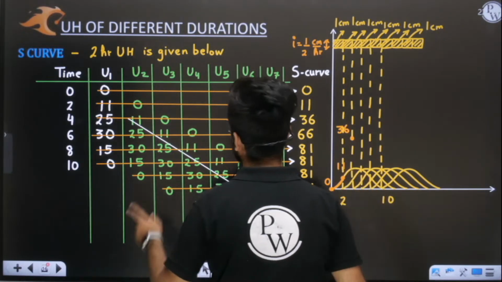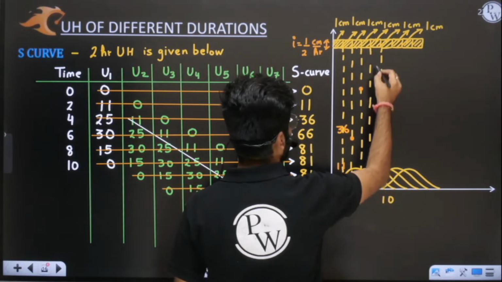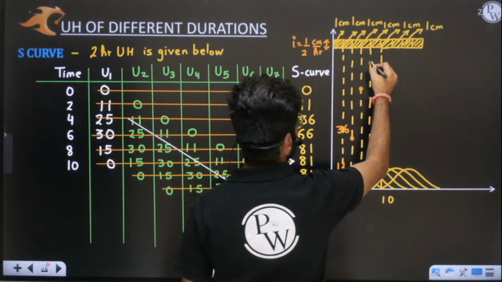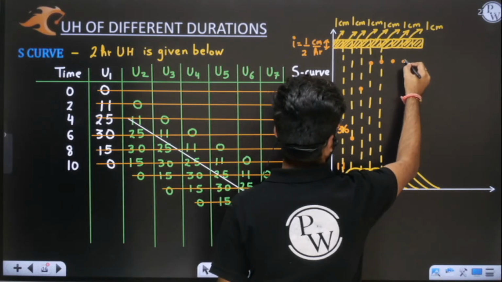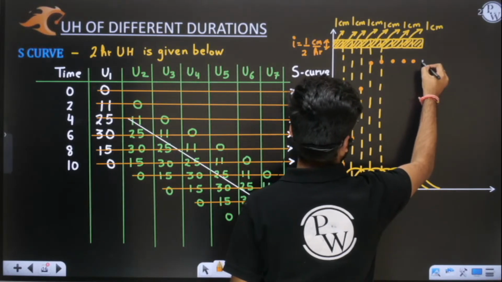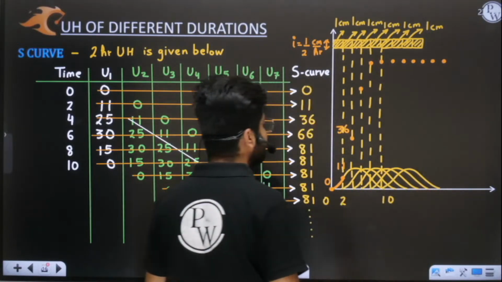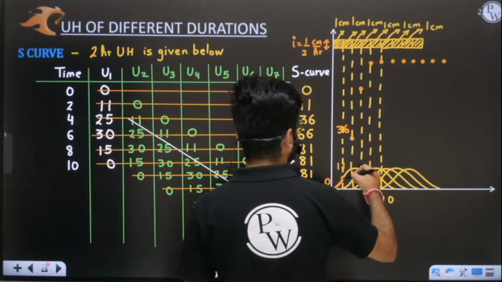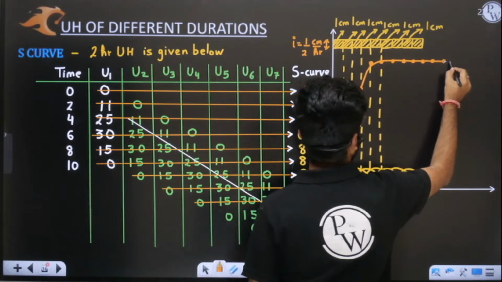Then we have 66. And at last we have 81. Okay, 81, 81, 81, 81, 81. Every time now we have 81. If I join them, I have to go steeply up like this.